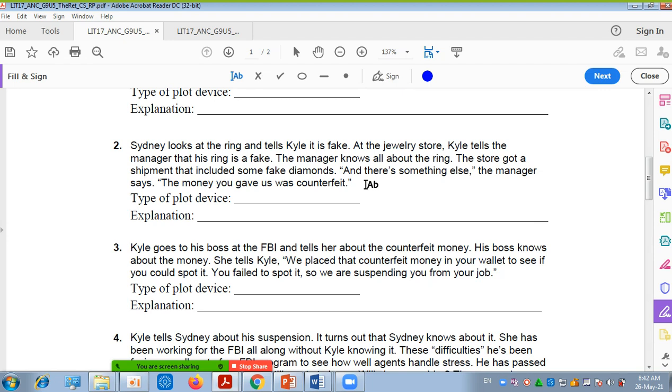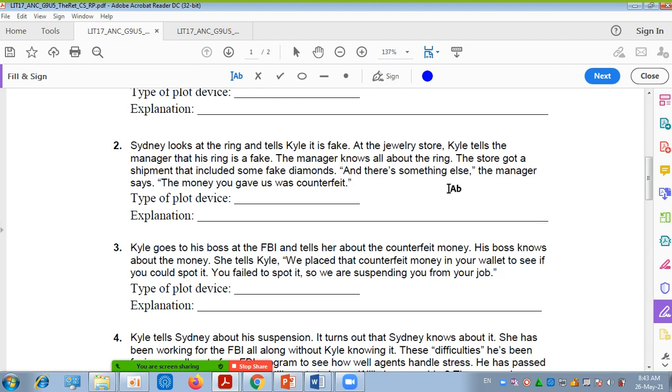Something totally unexpected. Number one, to discover that the ring is fake. Number two, to discover that the manager of the store already knows that the ring was fake, because the shipment they got from outside included some fake diamonds, so they have to use it. And also beyond expectation, the money that Kyle paid was fake money too. So what device is used here?